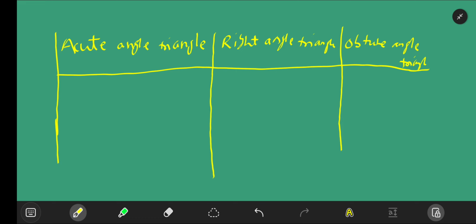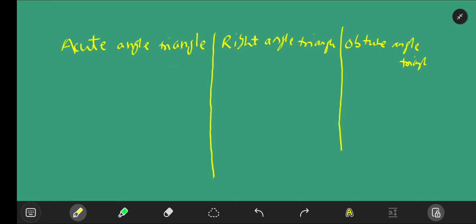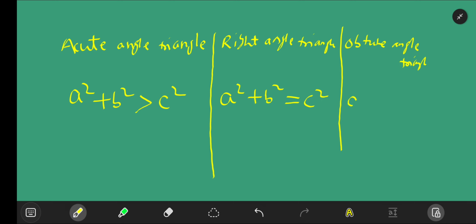So the formula for the acute angle triangle is a square plus b square greater than c square. And for right angle, a square plus b square is equal to c square. For obtuse angle triangle, a square plus b square less than c square.